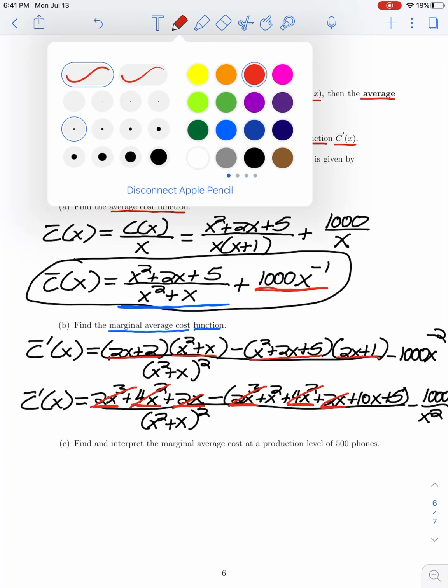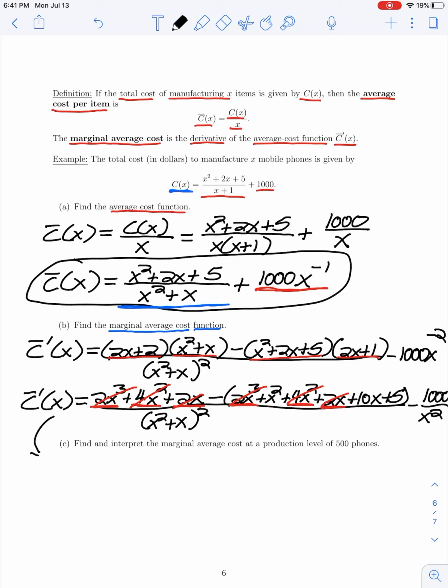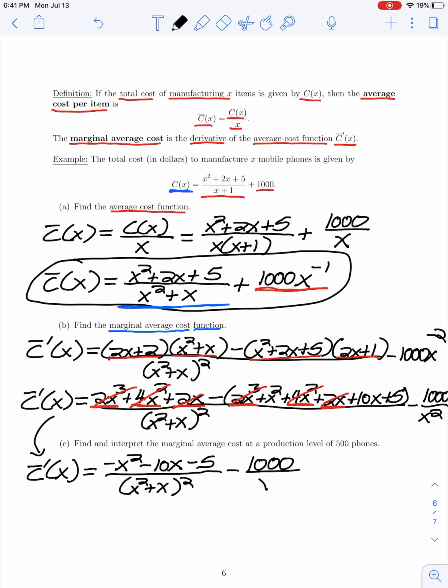And so I'm just left with, for my numerator, c bar prime of x is negative x squared minus 10x minus 5 all over our denominator, which was x squared plus x quantity squared, minus 1,000 divided by x squared. So this would be my marginal average cost function.